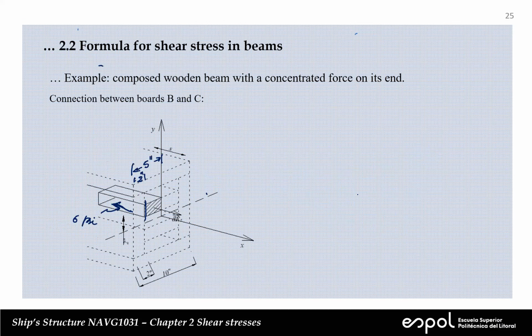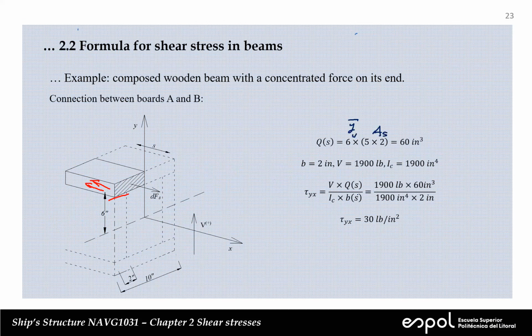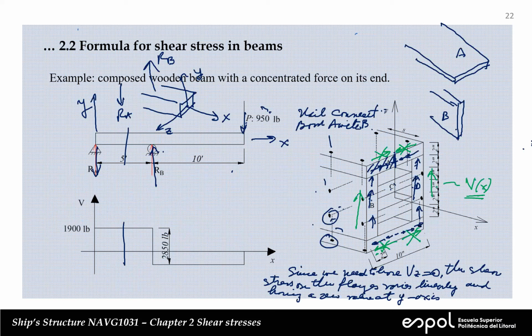What would happen if you try to connect boards C and D? Mr. Acuña, Miss Acuña. What would happen if you try to connect boards C and D? What do you think? Boards C and D. Acuña, are you there?